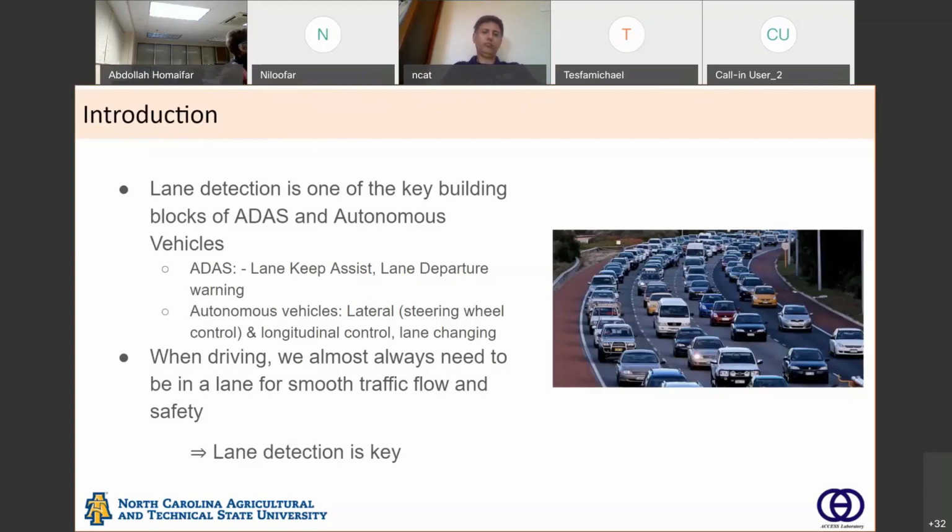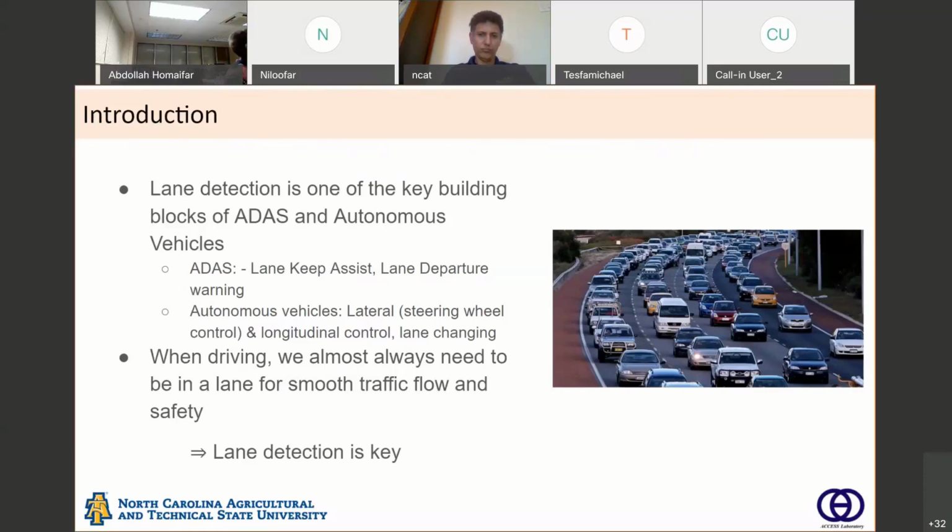For advanced driver assistance systems, lane detection is used as a lane keep assist, or just for warning the driver. Whereas in autonomous vehicles, lane detection can be used for steering wheel control, for lateral control, as well as longitudinal control. And in addition to that, lane changing can also be done based on lane detection system.